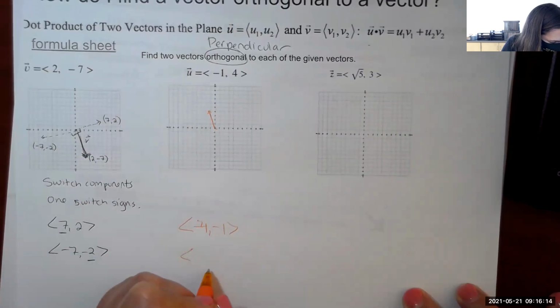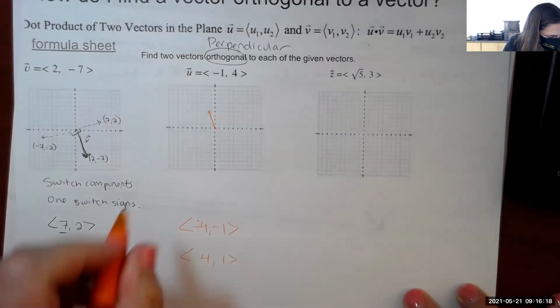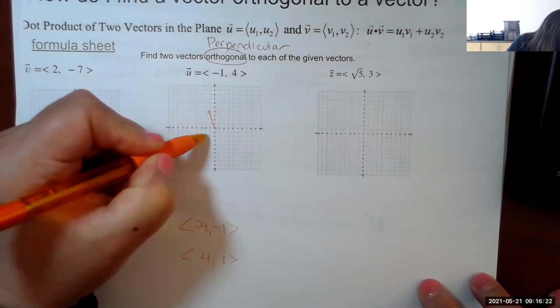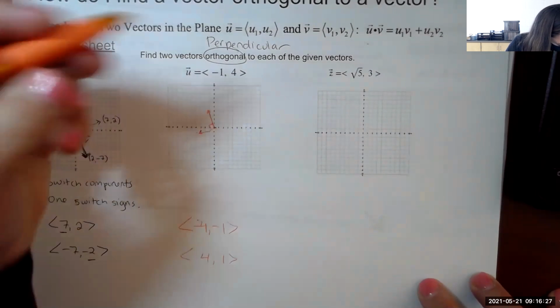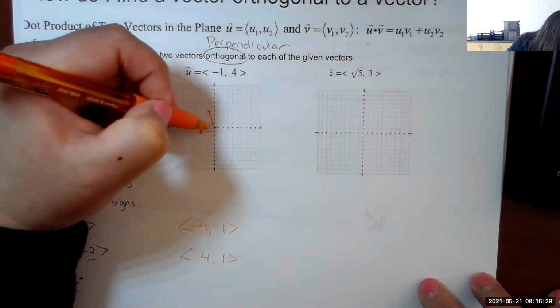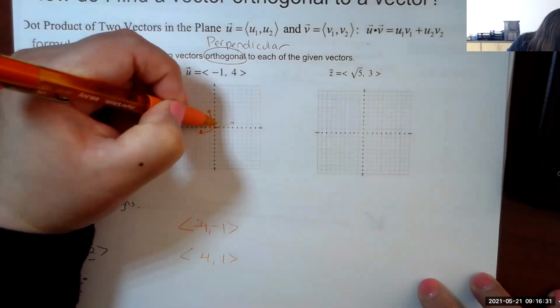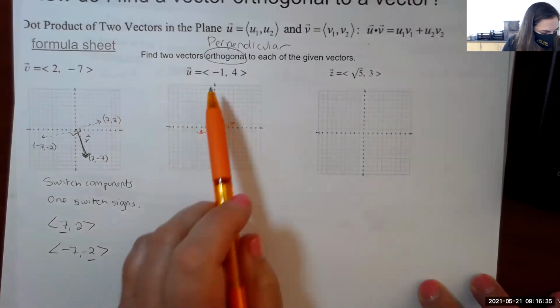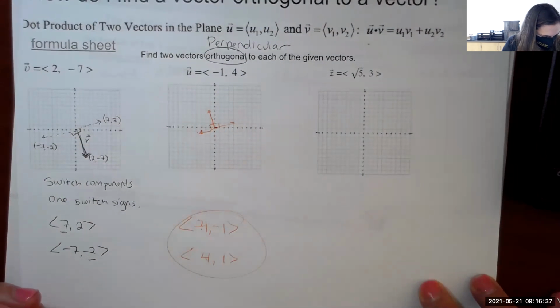And the other one would have to be 4, 1. Right, so let's see if that works out if I sketch it out. So I have -4, -1, right? That's perpendicular. And then 4, 1. Again, that's also perpendicular. So these are the two vectors that are going to be orthogonal to my original vector, right?